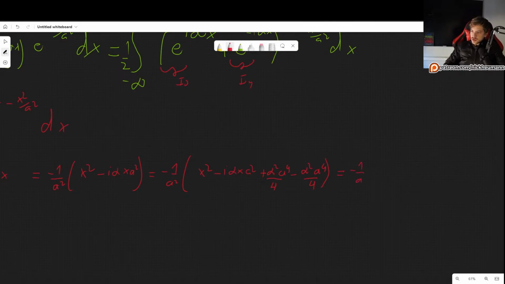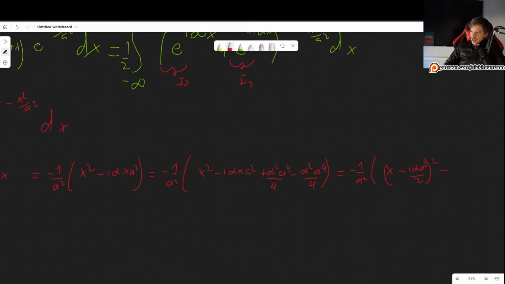Now this is minus 1 over a squared, and now we complete the square. So this is x minus i alpha a squared divided by 2, squared. And by doing this, we had to include this term right here, which is the square of this divided by 2, right? Basically the square of this part.